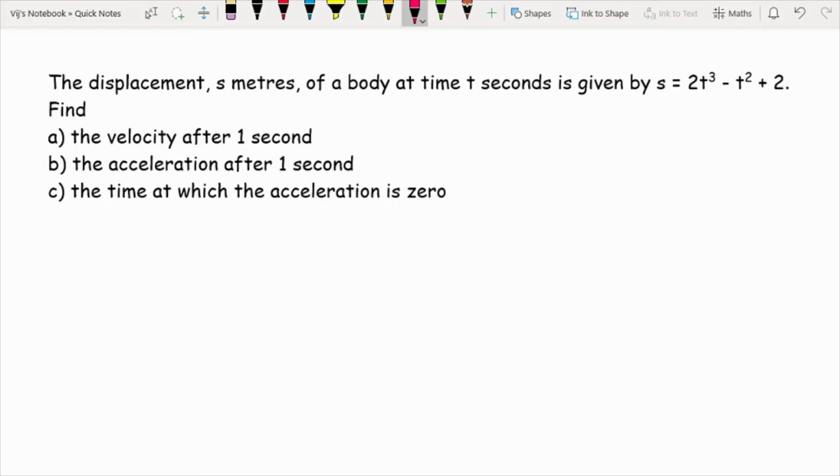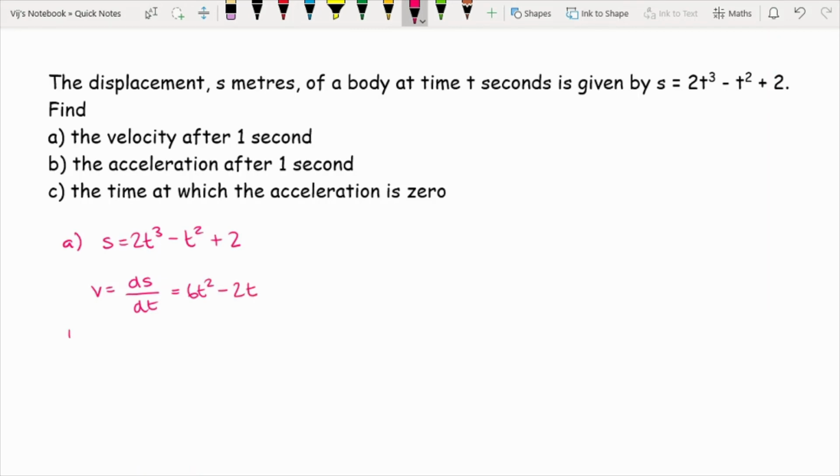With regards to part A, the formula given is s equals 2t cubed minus t squared plus t. Then velocity is equal to ds over dt, so if I now work out the differential of this, we get 6t squared minus 2t.